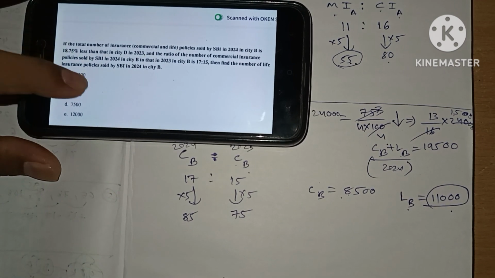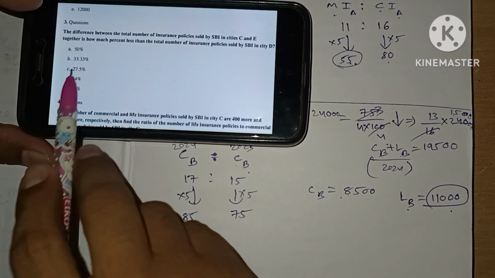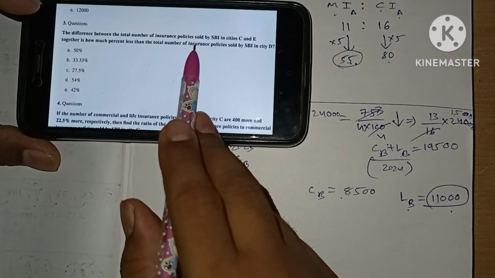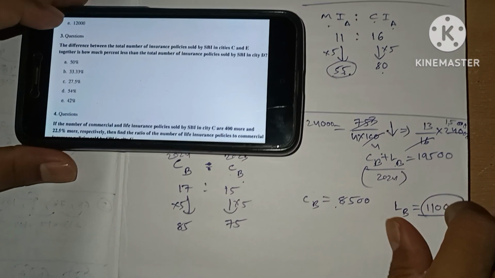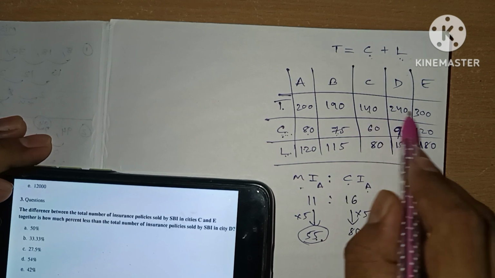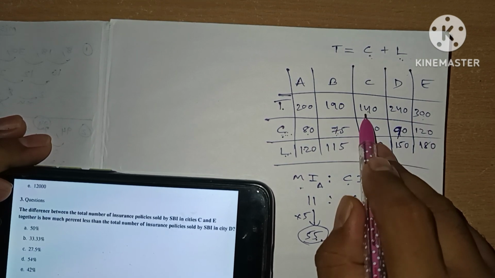Next, third question. The difference between the total number of insurance policies sold by SBI in C and E together. So the difference between 300 and 140 is 260.